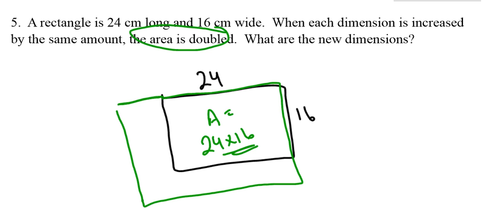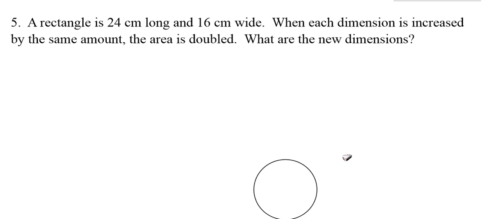Okay, so all we have to worry about to start with is how are we going to define a variable? Let's look again. Now, what I always recommend is you read the last sentence. What are the new dimensions? So you could let x be the new length and let y be the new width, but this is one of those times where that's not the simplest method, and it could be quite confusing.